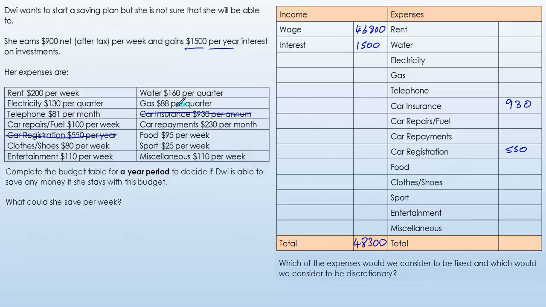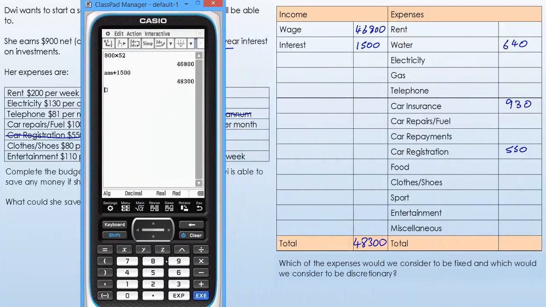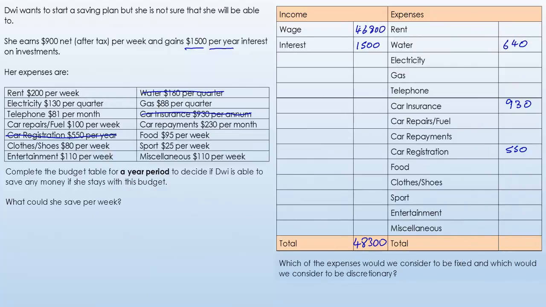So per quarters are nice and easy. We just need to multiply those by 4. So water, 160 times 4 is 640. Gas is 88 per quarter. So we just need to do 88 multiplied by 4. That's 352 for gas.